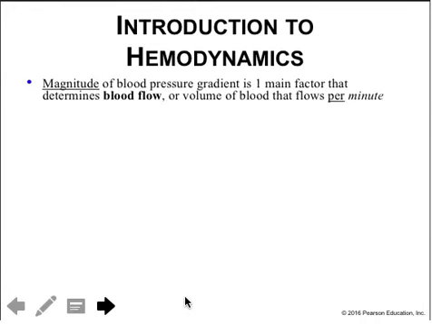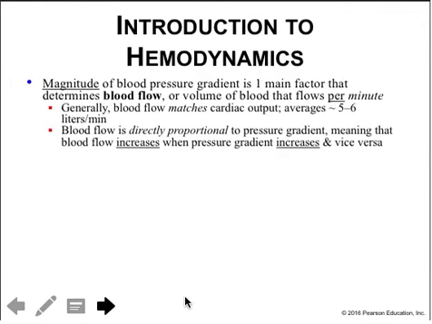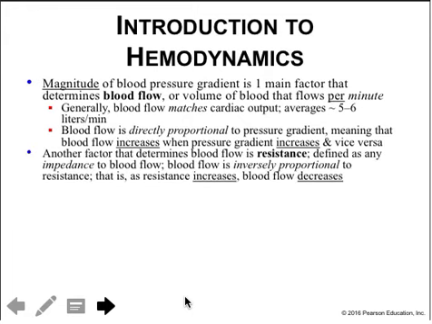The magnitude of the blood pressure gradient is the main factor that determines blood flow, or the volume of blood that flows per minute. Generally, blood flow matches cardiac output, averaging 5 to 6 liters a minute. Blood flow is directly proportional to a pressure gradient, meaning that blood flow increases when pressure gradients increase, and vice versa.